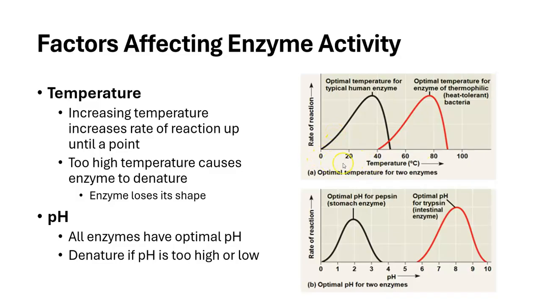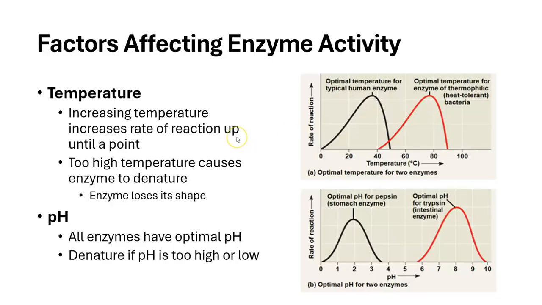So in our graph over here for temperature, we see as temperature increases, the rate of the reaction increases. But then you see our curve falls off as temperature increases a little bit more. And what happens is, for these enzymes, the temperature becomes too much.